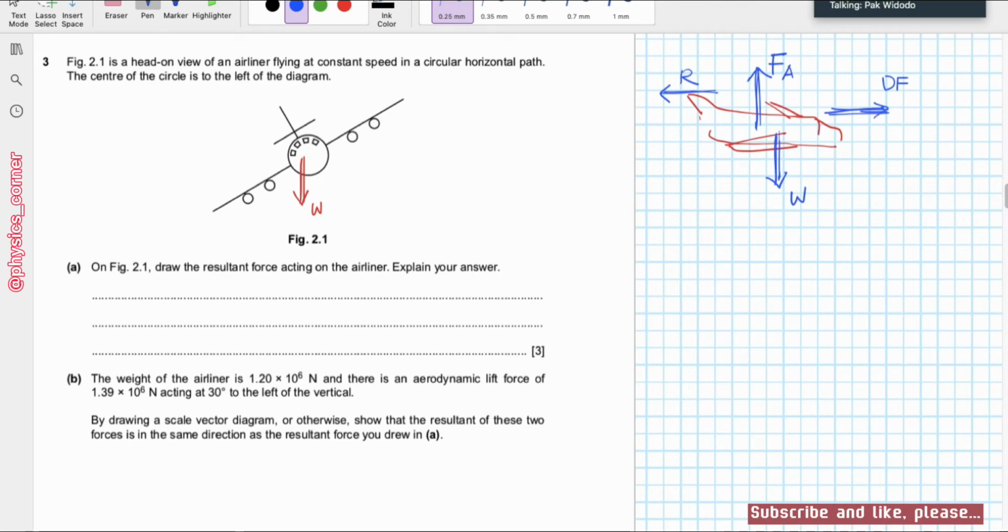So if this is the only one, maybe only weight, because we see from the front. So draw the resultant force and explain your answer. We see only weight.